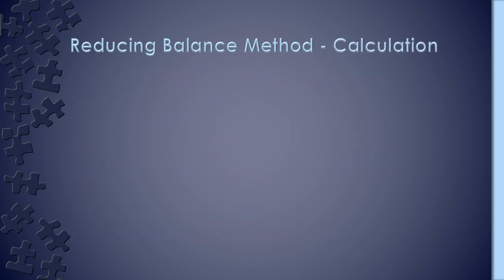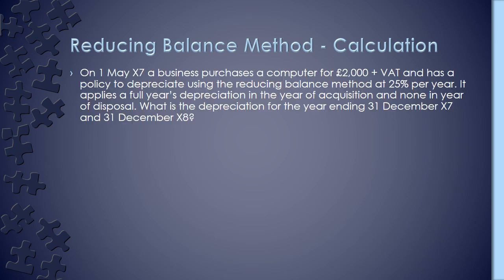So a calculation example then for the reducing balance method. Again, we're going to be using the same example of a computer. So let's go through the question and highlight the important information.